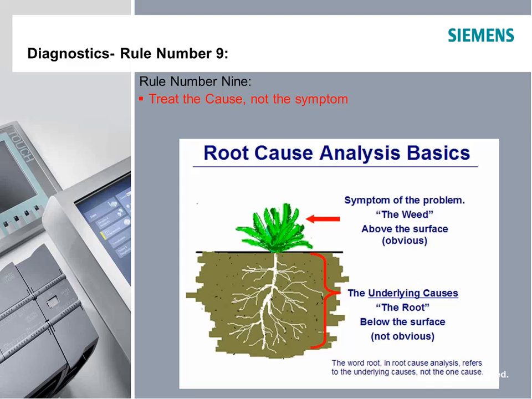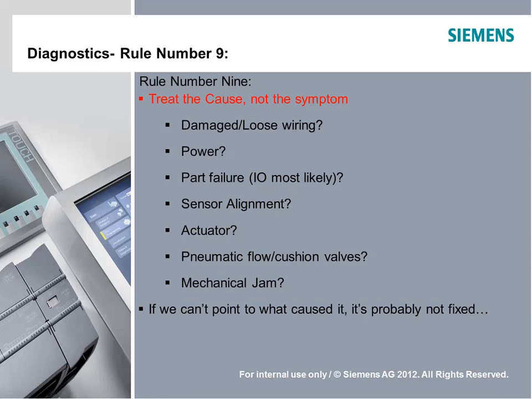But if it keeps going out because of a power spike or something along those lines, then that new light bulb's going to go out as well. So we need to dig a little deeper to find out what caused that problem and why it keeps happening. So treating the cause and not the symptom can lead us to where the cause is, but it's not necessarily the cause itself.